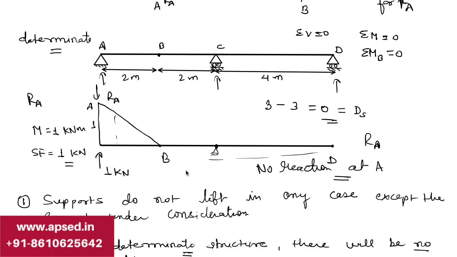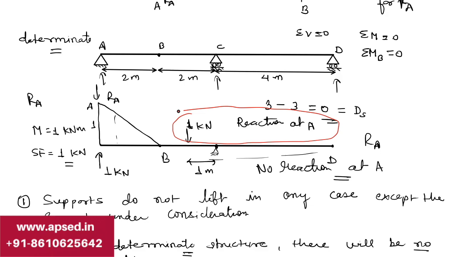Let's say I am choosing some point here, at 1 meter from C, and when a load of 1 kilonewton is acting at this point, let's say this point is E, find out the reaction at A. And you will find that this reaction at A will come to be 0, because that's what the ILD means: there will be reaction at A only when the load is between A and B, and there will be no reaction when the load is between B and D.